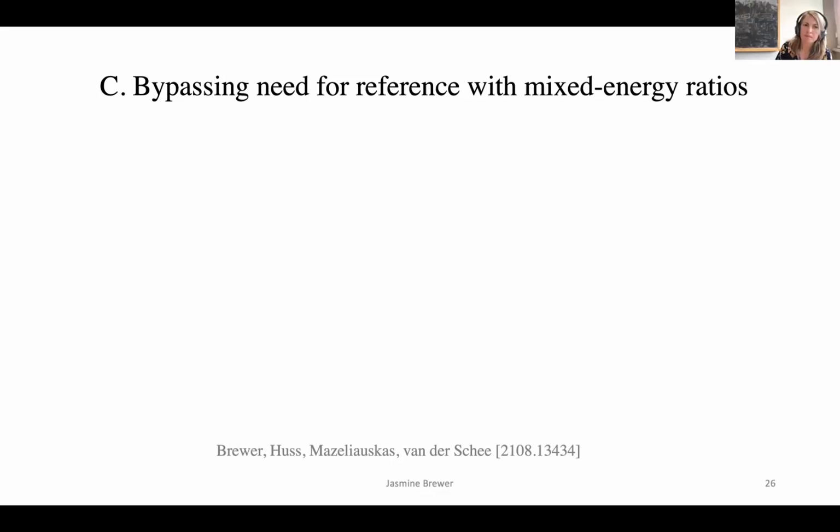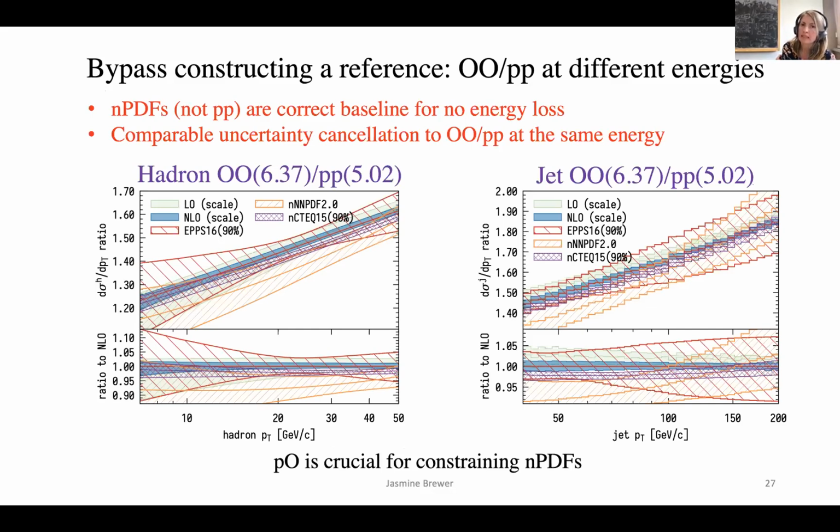So the essential idea that we want to emphasize is that it's actually the nuclear PDFs, not proton-proton spectra themselves, that are the correct baseline for having no energy loss.